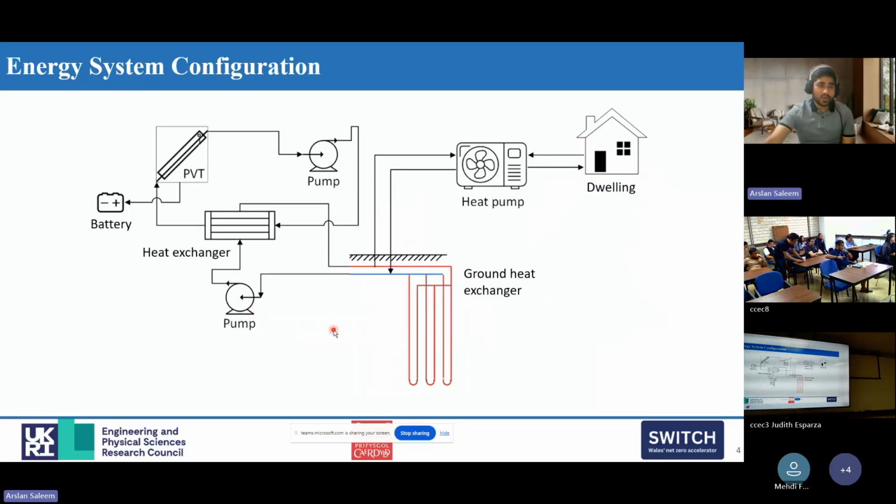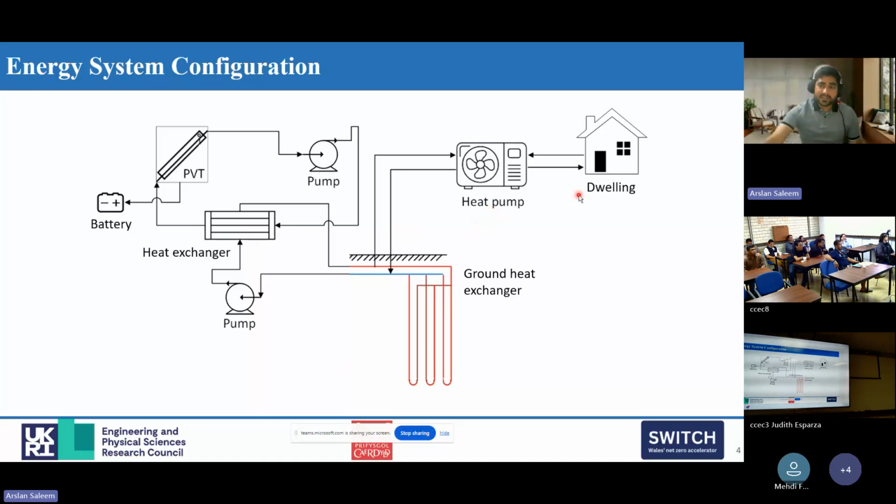It consists of 3 loops. The first loop is the PVT loop, which is coupled with the borehole heat exchanger, or ground heat exchanger loop, through a flat plate heat exchanger. The ground heat exchanger acts as the source side of the heat pump, which is used to meet the thermal demand of the residential house.